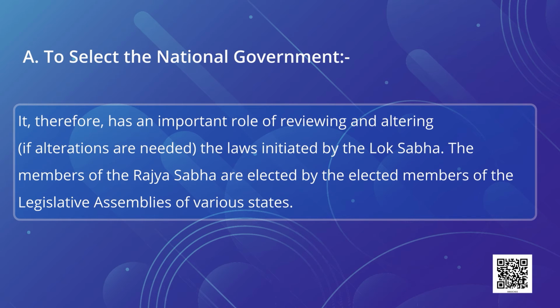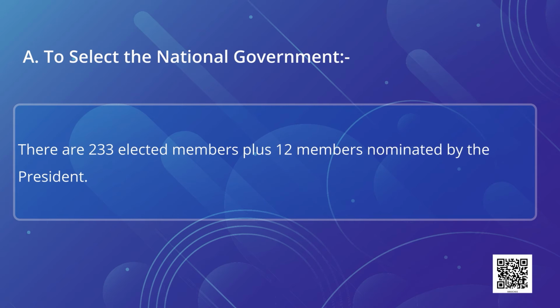It therefore has an important role of reviewing and altering the laws initiated by the Lok Sabha. The members of the Rajya Sabha are elected by the elected members of legislative assemblies of various states. There are 233 elected members plus 12 members nominated by the President.